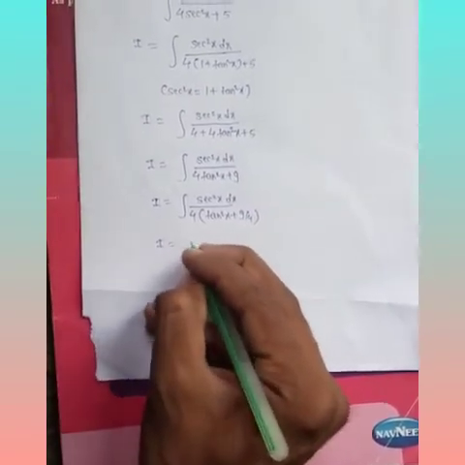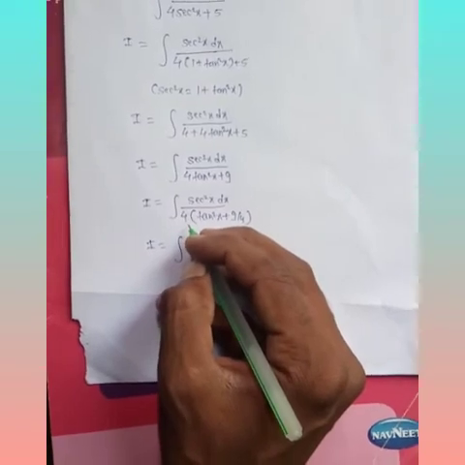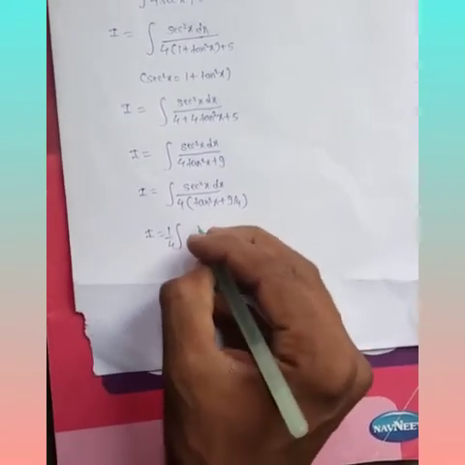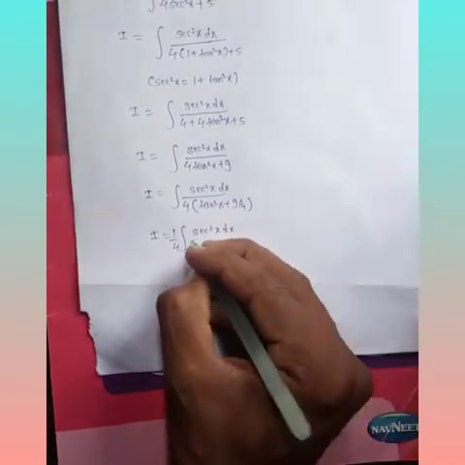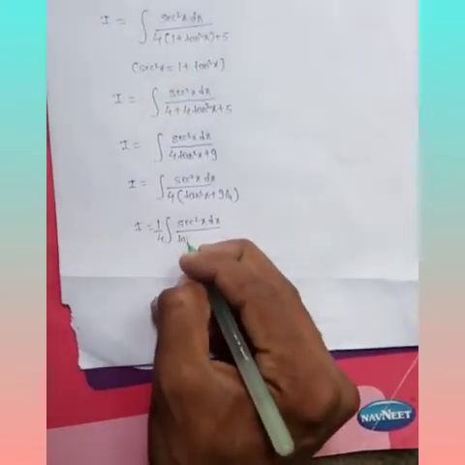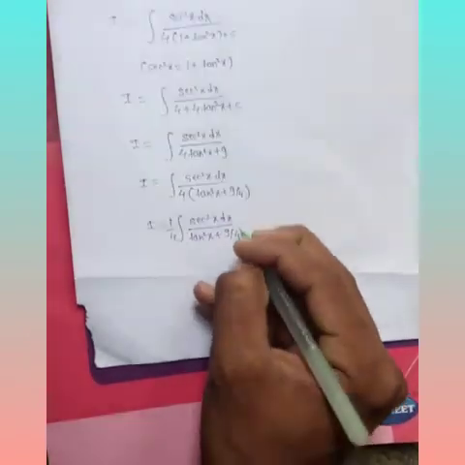So I is equal to the integration of, this is 1 by 4 which is a constant, so we will take the constant out of the integral. 1 by 4 sec square x dx upon tan square x plus 9 by 4.